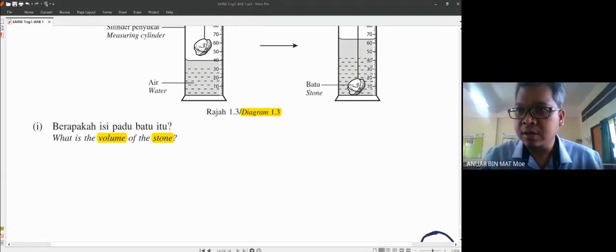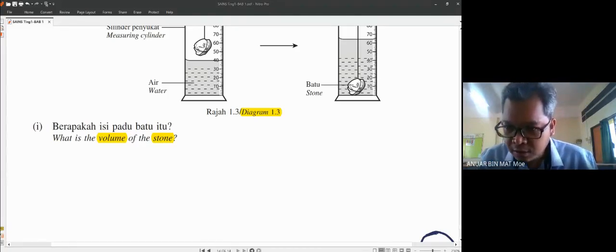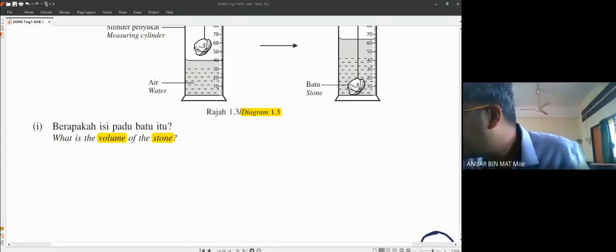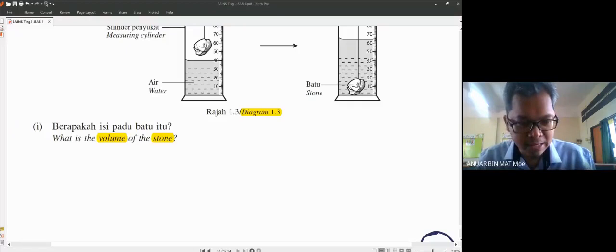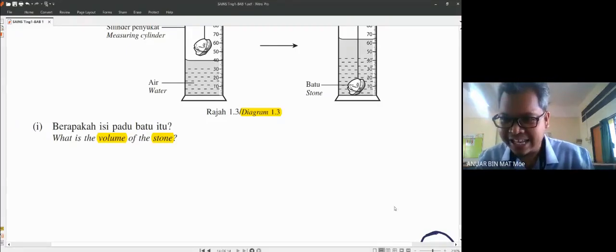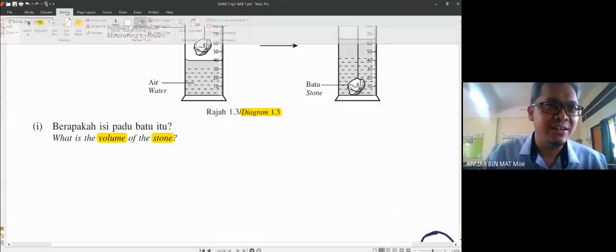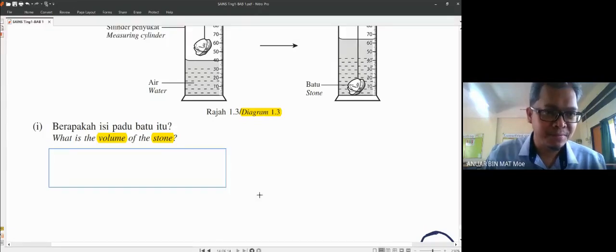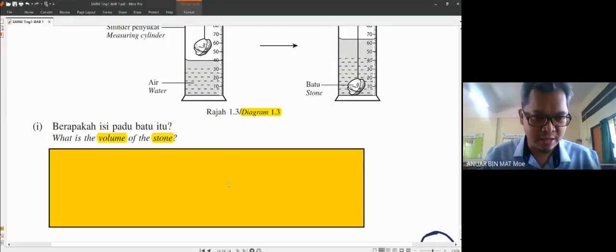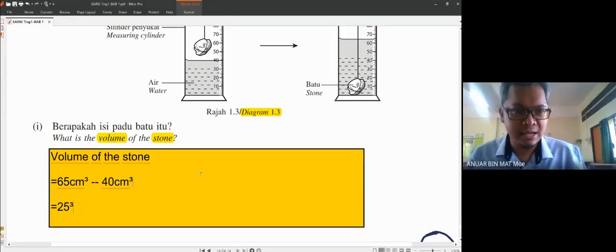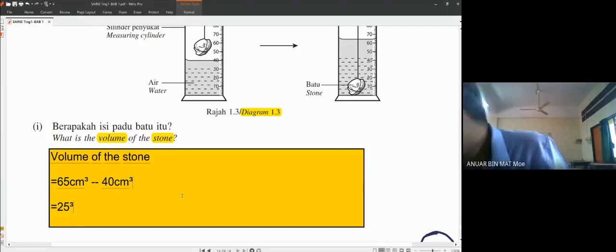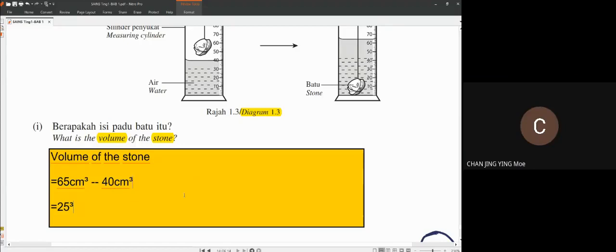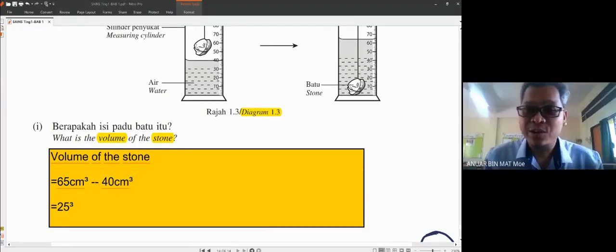Already given the answer here. Who gave the answer here? Is it true? 25. I just copy pasted your answer, Kaini. Okay, this is the Kaini answer. Is it true? Betul tak? So we continue, yeah.